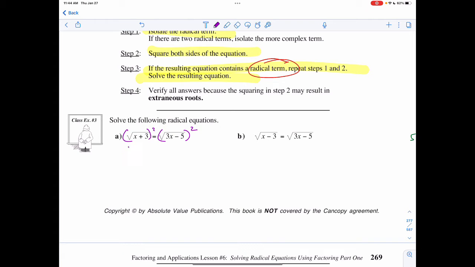And that's going to leave me with x plus 3 is equal to 3x minus 5. I'm going to move the x's to one side, so I'll subtract 3x from both sides to get negative 2x on this side. And I'm going to subtract 3 from both sides to get negative 8. And when I divide both sides by negative 2, x is going to equal 4.